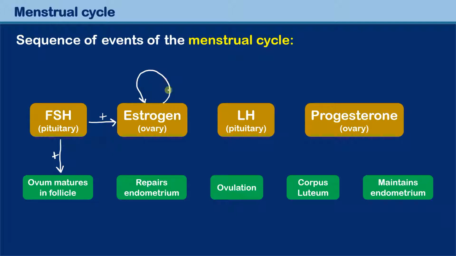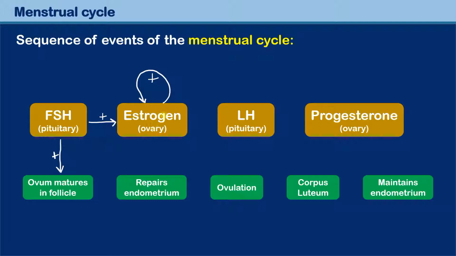And this is like a positive feedback system. More estrogen means more FSH sensitivity, which means that even more estrogen is produced. And the purpose of this positive feedback loop is to quickly increase the level of estrogen inside the blood.